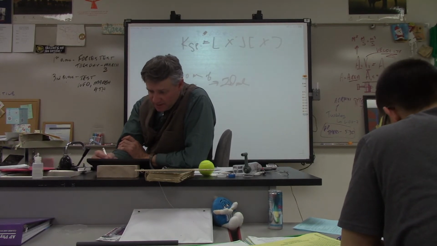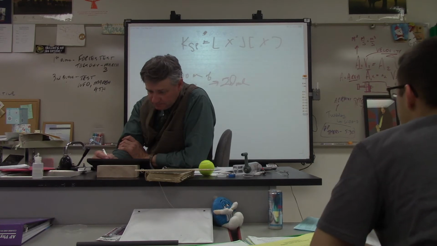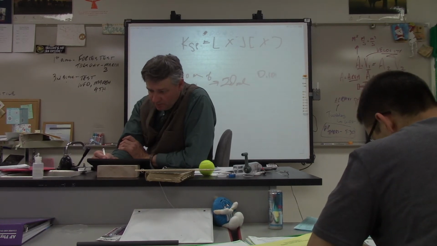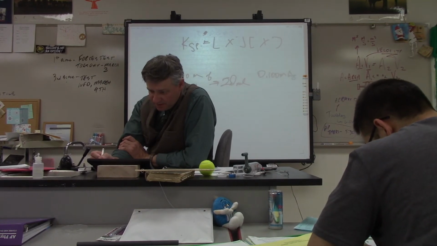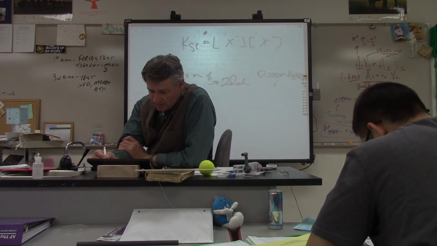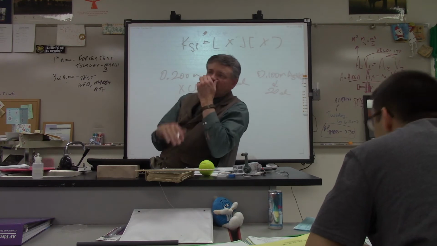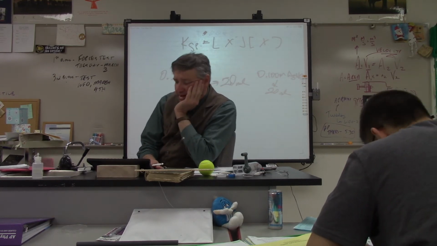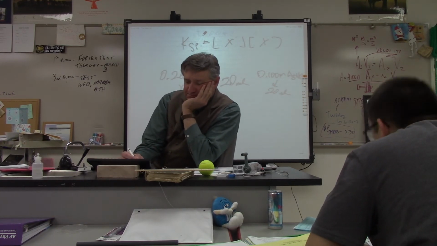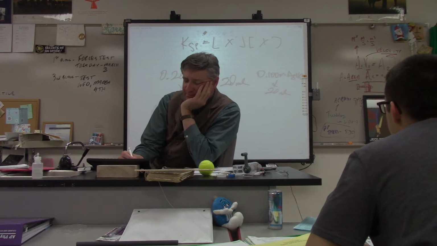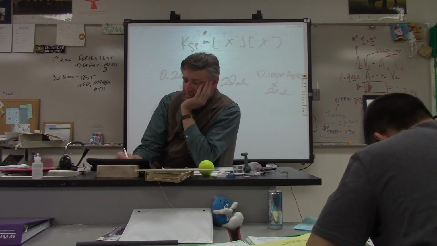And then you're going to have a 0.1 molar solution of silver nitrate, and you've also got 20 milliliters of that. And you're going to mix these two together. Now, remember, you're talking about the formation of silver chloride.